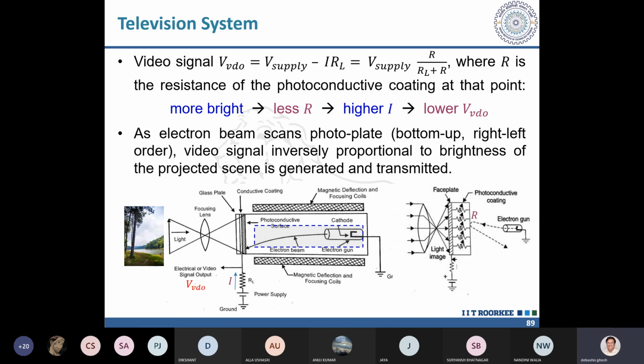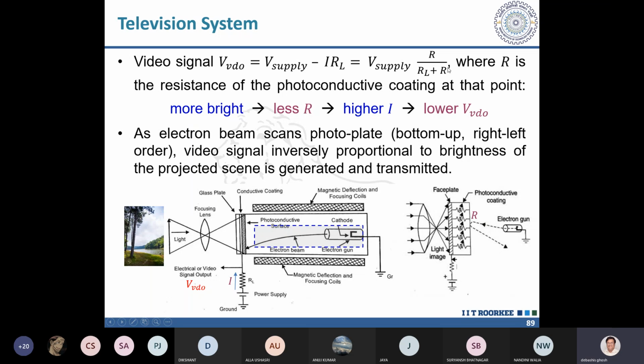Although it is not so simple, it is not exactly R and all these things, but more or less you can see that the video signal that you will be getting will be inversely proportional to the brightness of the projected scene, because V video is directly proportional to your R. Okay, because when RL is very large compared to this R, then it becomes more or less V supply into R by RL.